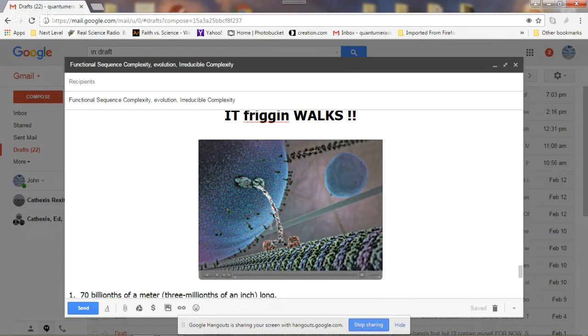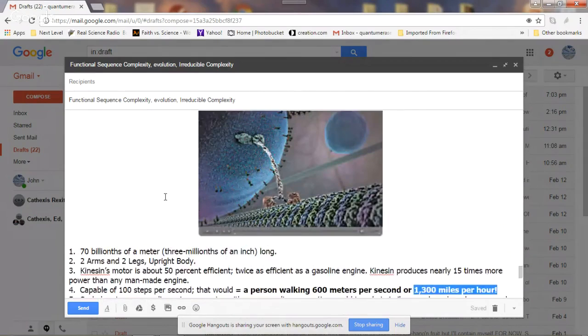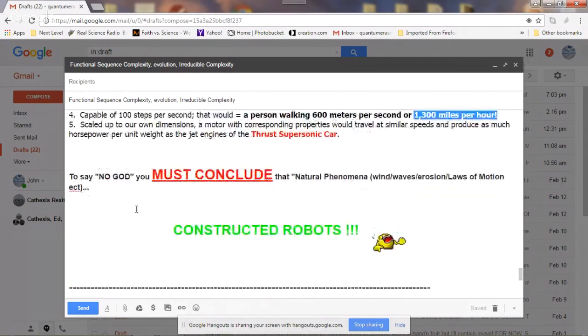He's already got the location. You think stupid atoms can do that? To say no God, you must conclude that natural phenomena, wind, waves, erosion, and laws of motion constructed robots. That's your position. Can't get around it.